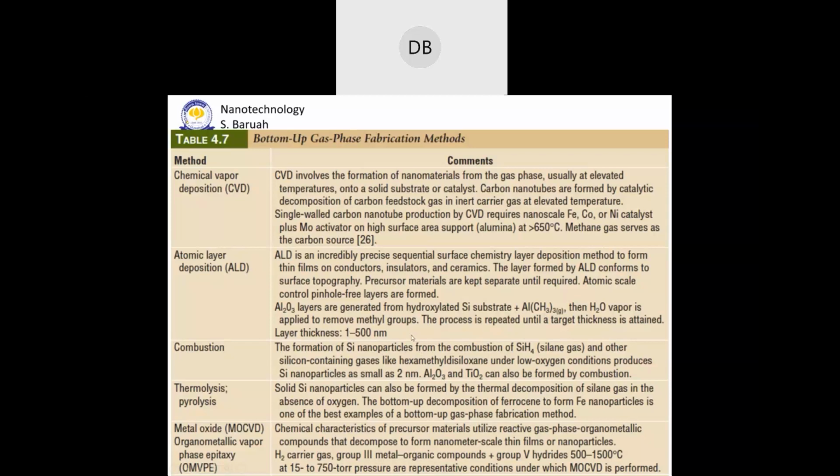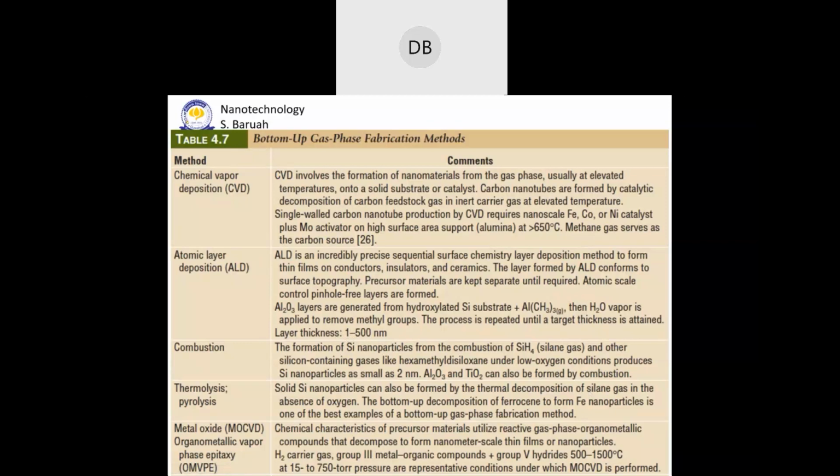The atomic layer deposition process can give you thin films with a wide variation in thickness, even from 1 nanometer. 1 nanometer is extremely small. If you remember, it is just 10 hydrogen atoms. That type of thickness we can get using the ALD process.